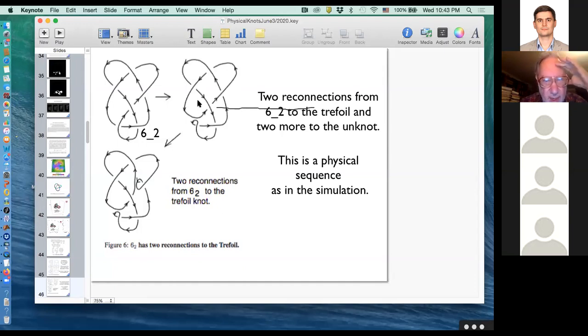And now I'm going to undergo another reconnection that takes me to a trefoil knot, and that's between these 2 right here. That's what happened if you look at the movie of what happened mathematically in that Gross-Pitaevskii evolution. You get to a trefoil knot, and then from the trefoil knot, you get down to the unknot by 2 more reconnections in the form that we just discussed.